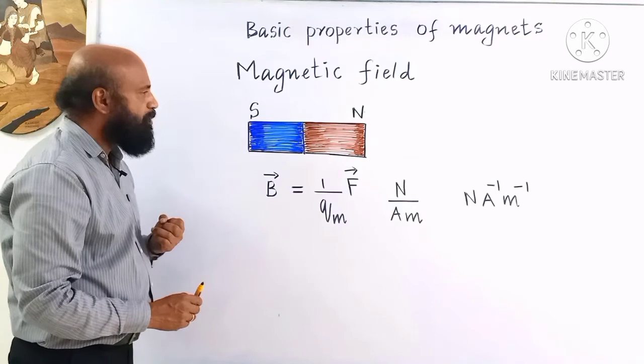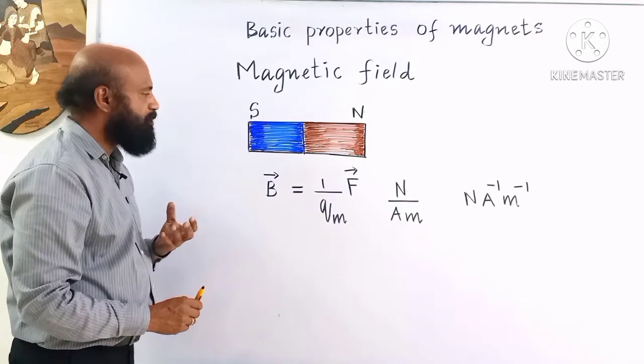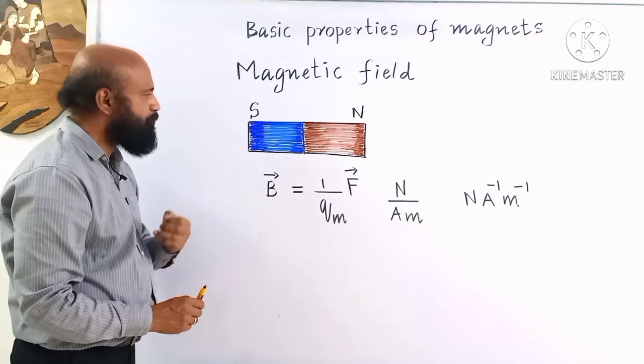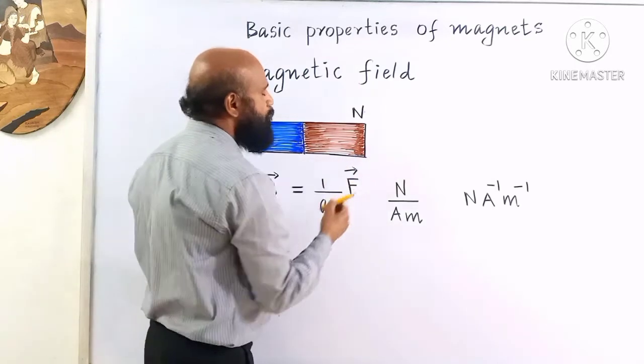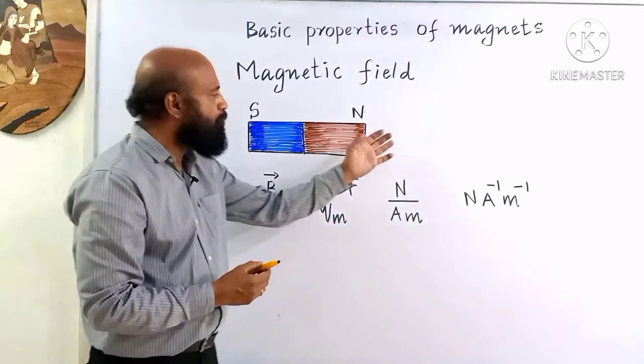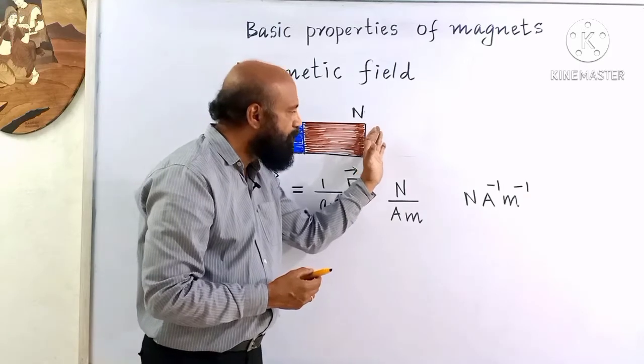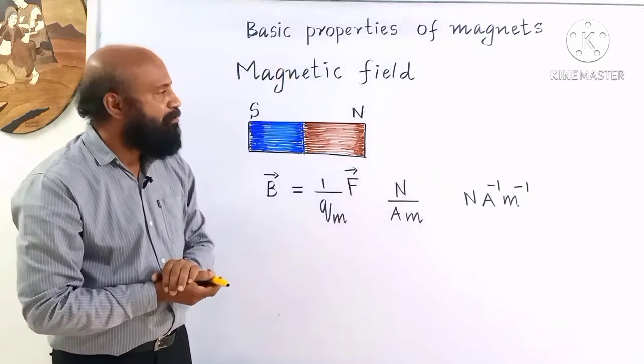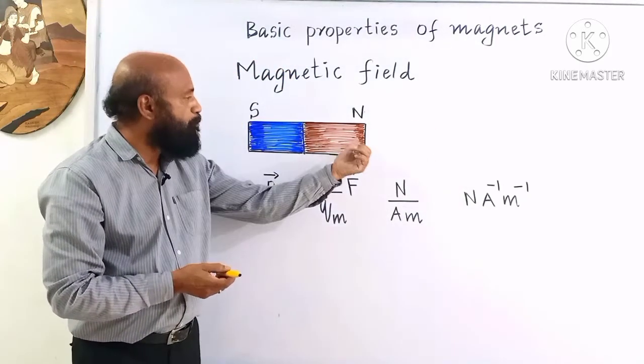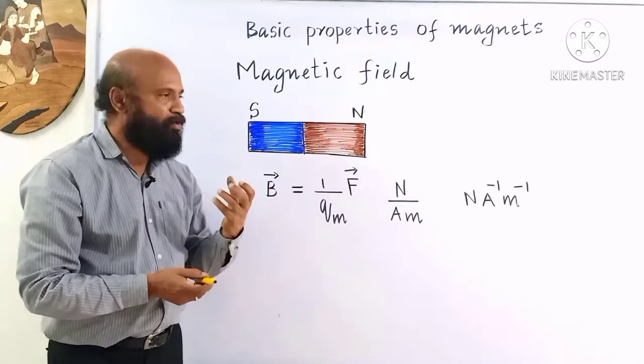Magnetic field is a vector quantity, which gives the strength of the magnetic field. Suppose you keep a north pole near the north, there will be repulsion. It's a magnetic dipole, but you can imagine a north pole.